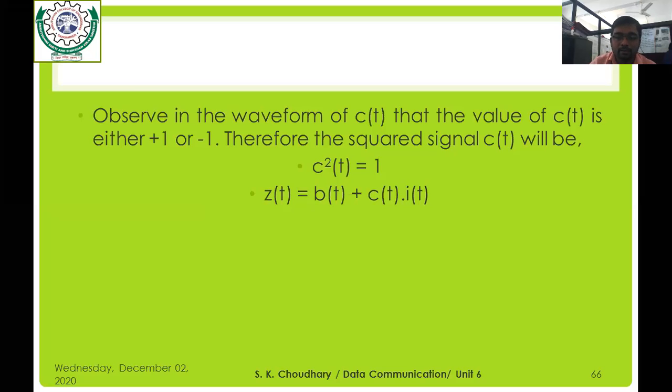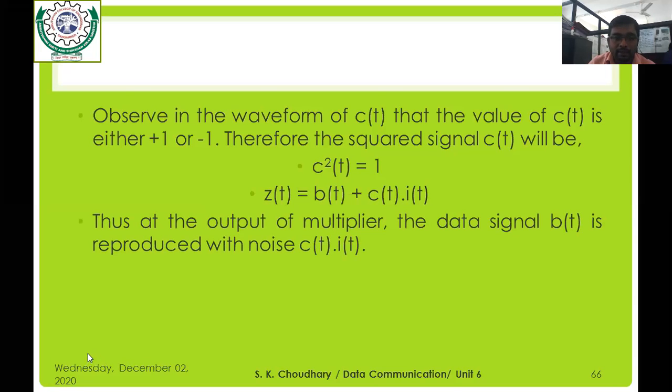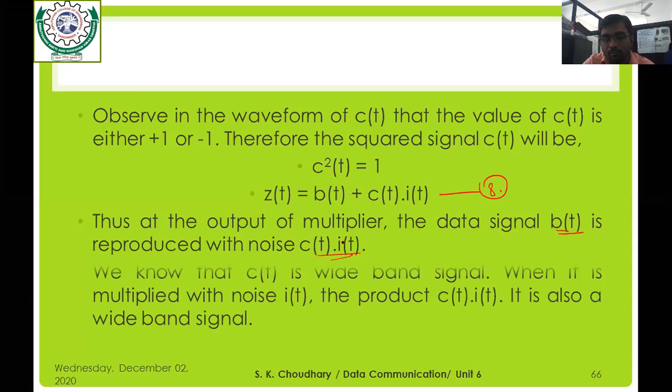So z(t) is nothing but b(t) plus c(t) into i(t). This would be equation number 8. So at the output of the multiplier, the data signal b(t) is reproduced with the noise c(t) into i(t), because i(t) is the interference.